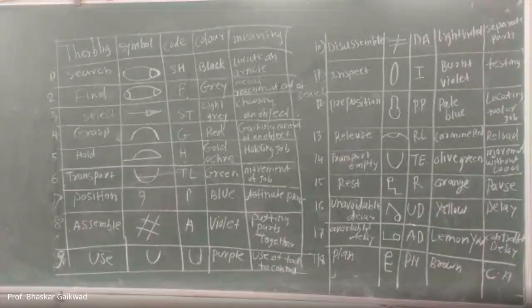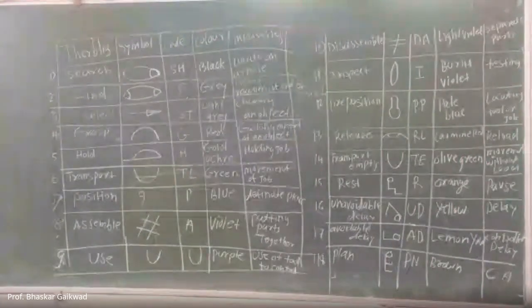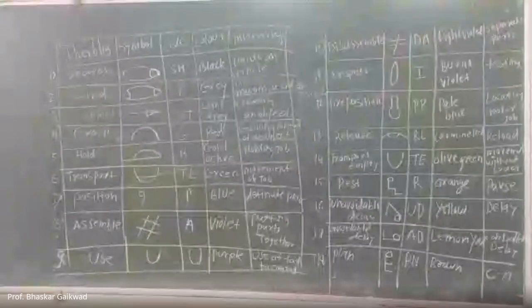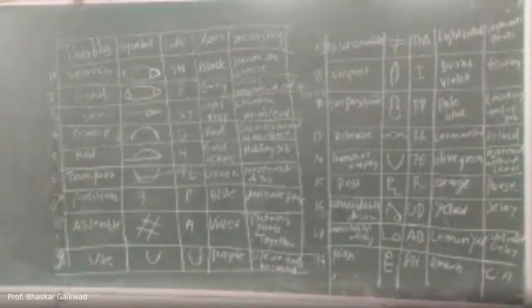That operator is using both hands, so the motion of both hands is recorded by using these therbligs. The therbligs, times and total times we have to represent on the SIMO chart. So up to here it is clear.